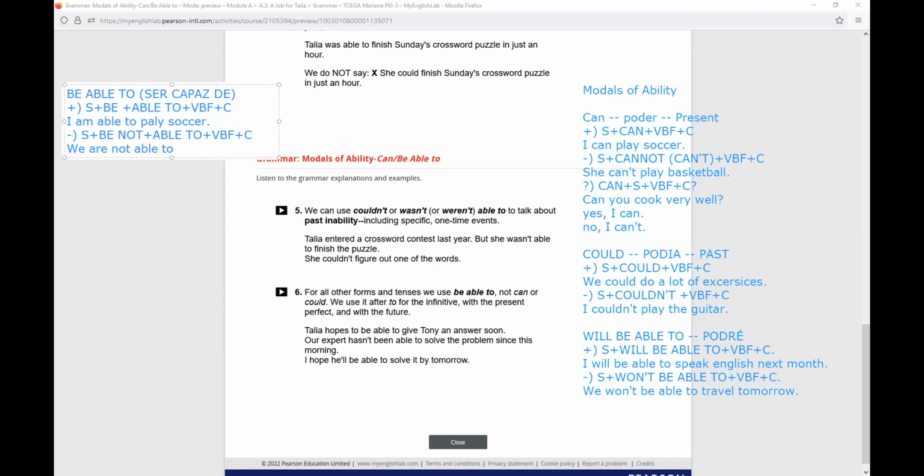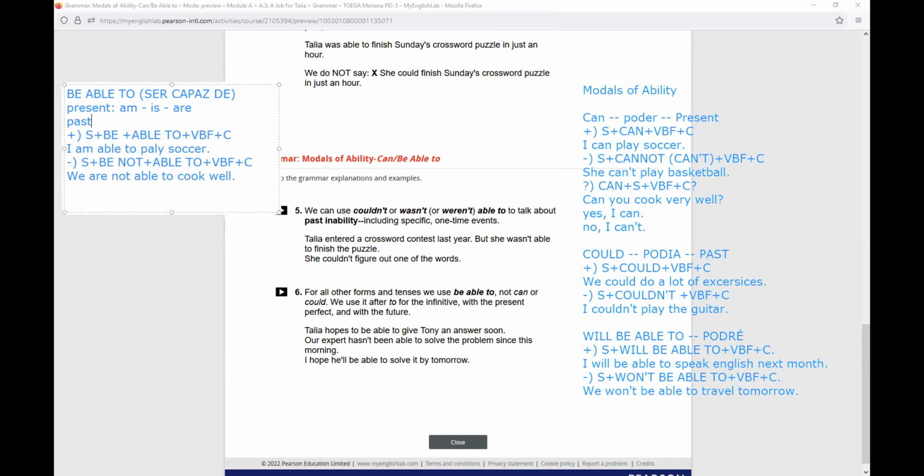We are not able to cook well. Nosotros no somos capaces de cocinar bien, por ejemplo. Okay, and this be able to podemos utilizar tanto en present, en el present que el be es am, is, are, or in past, past que es was, were.